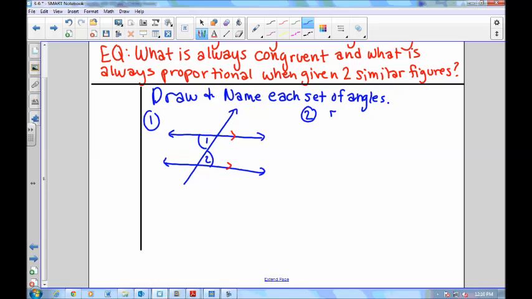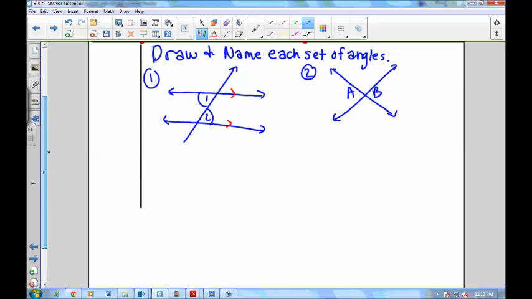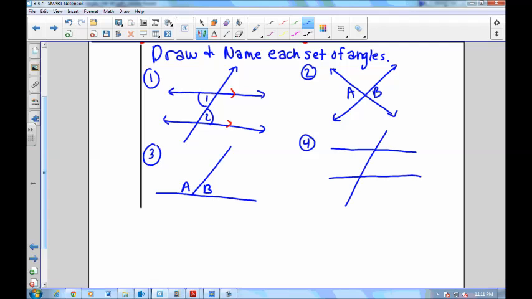There will be 6 total, so draw all the figures, please. The last one.